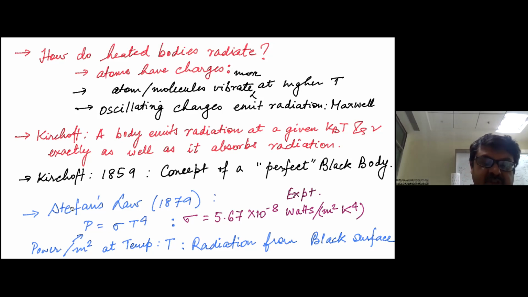This is called Stefan's law. And the proportionality constant here was observed to be 5.67 times 10 to the minus 8 watts per meter square per K to the power 4. So you increase temperature, there's more total amount of energy emanated, and the total amount of energy emanated goes as T to the power 4, right?